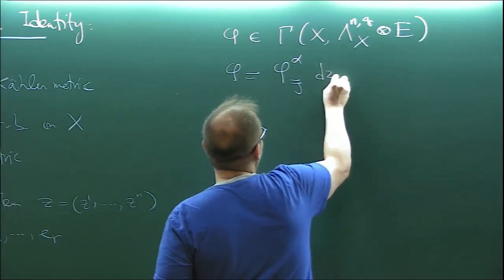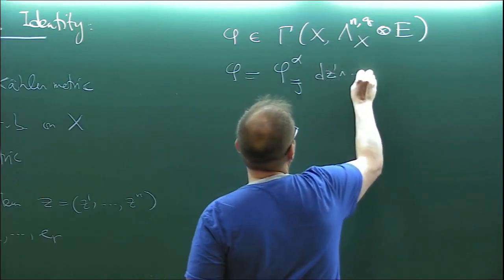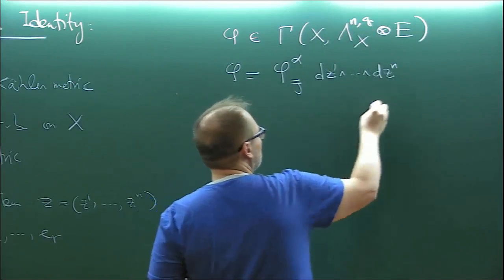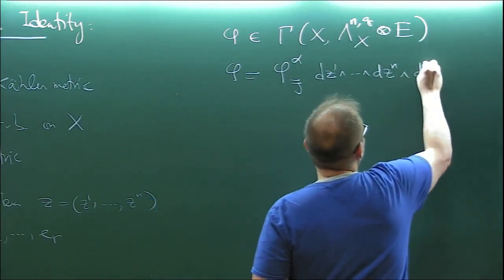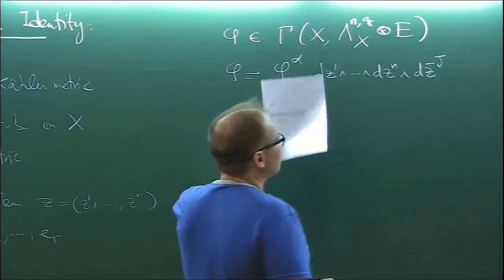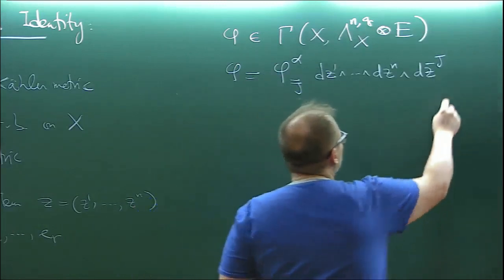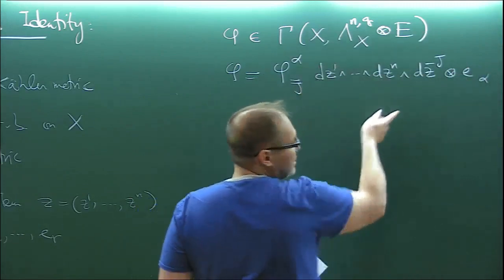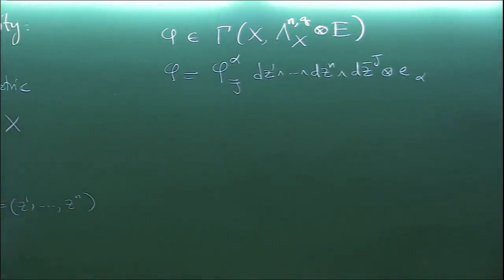So there will be dz1 wedge ... wedge dzn. This is the n part, and then the q part will be dz bar j, where j is a q multi-index, and then you have the frame e alpha, and there's a summation over the j and the alpha, as usual.